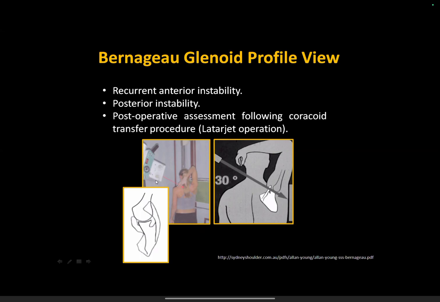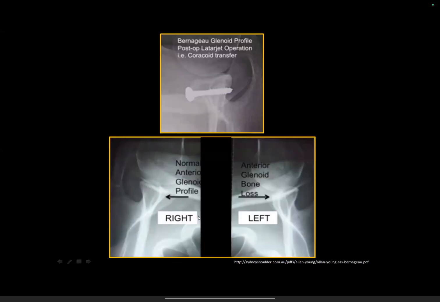Basically, the tube will be angulated 60 degrees to the torso. So, as we said, it's very good for evaluation of post-operative Latarjet procedures when we want to correct the Bankart lesions by insertion of a screw, and we will talk about this in detail in the surgical part.